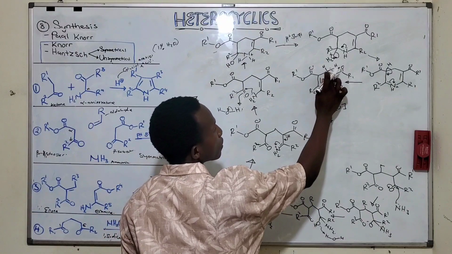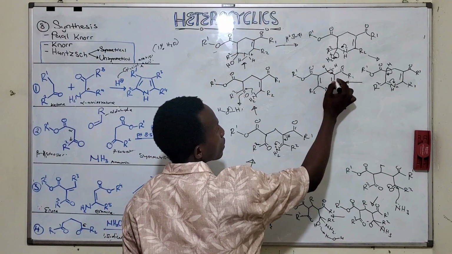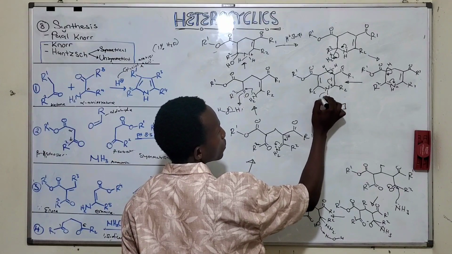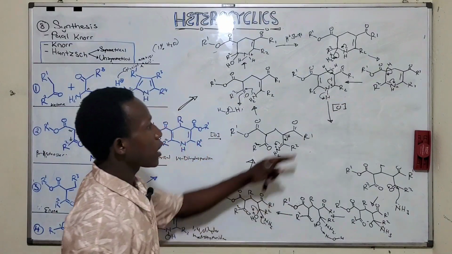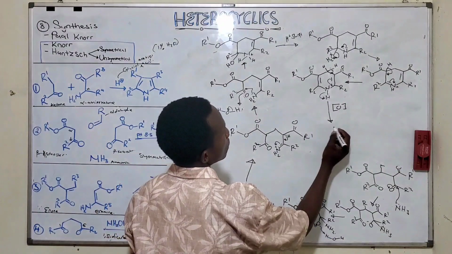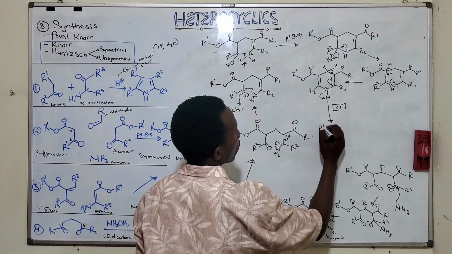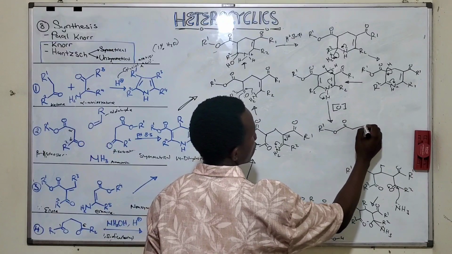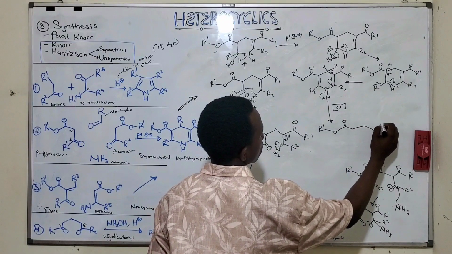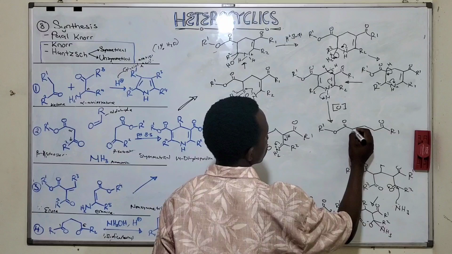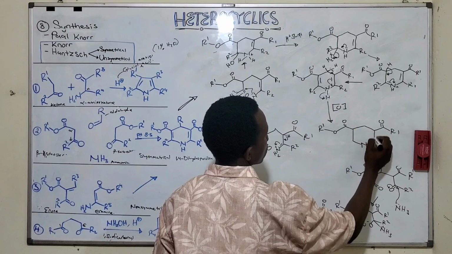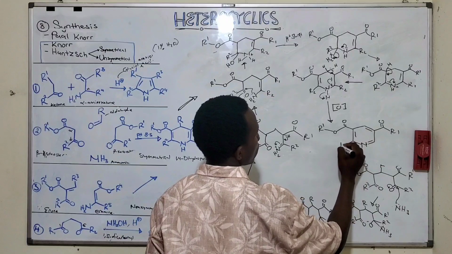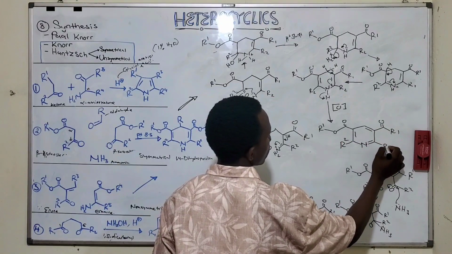When you form a bond here, this one will shift to this position, and nitrogen will lose this hydrogen. So we shall form R1, another R1. You have N. You have formed a bond here, also here and here. You have R2 and R2.